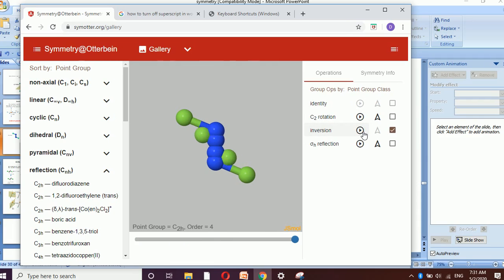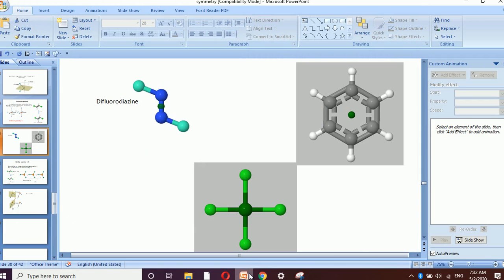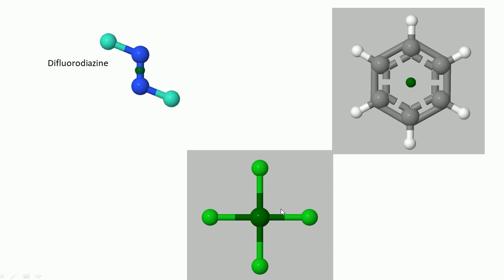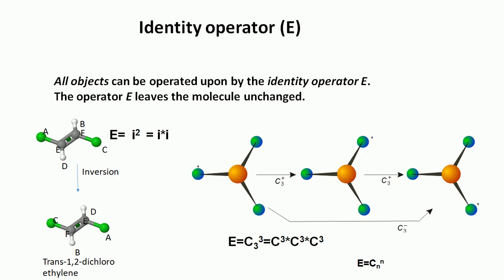All the points in the molecule are inverted, and you get a new image that is indistinguishable from the initial one, so that's an inversion center in difluorodiazine. And take XeF4 or PtCl4 2 minus, a square planar molecule, this will be the inversion center. You can invert this atom to here, and this to here, this to here, and this to here. So that's the inversion center.